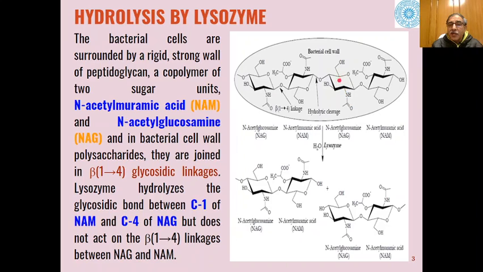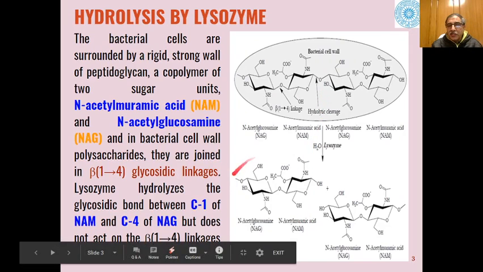Hydrolysis of this ether linkage will take place, and it will break from here and we will get dimers, NAG and NAM. Two molecules will be formed by hydrolytic cleavage of this.